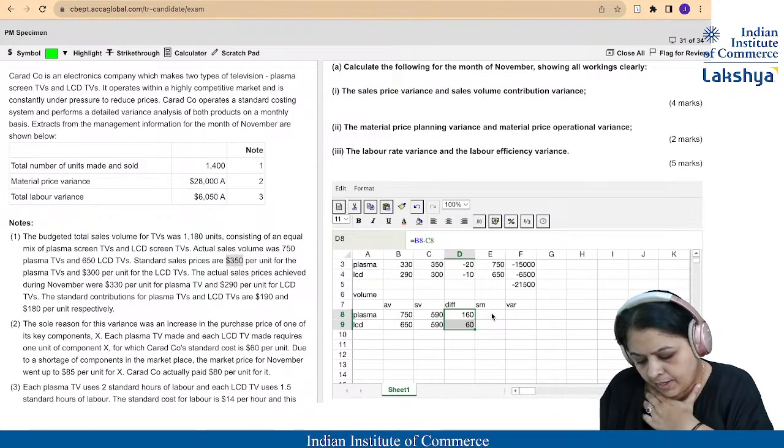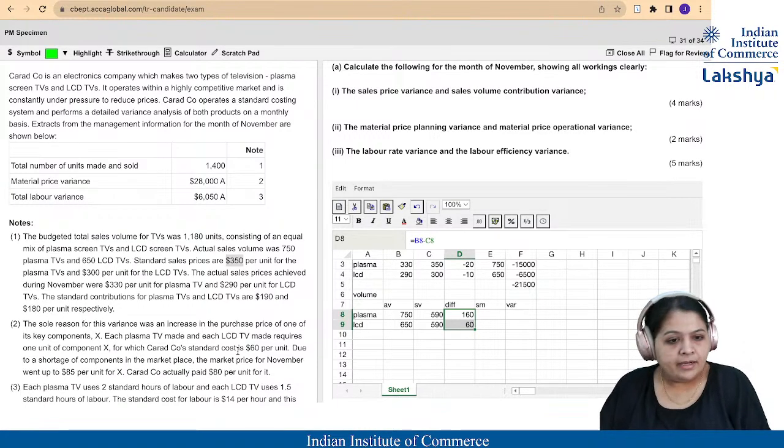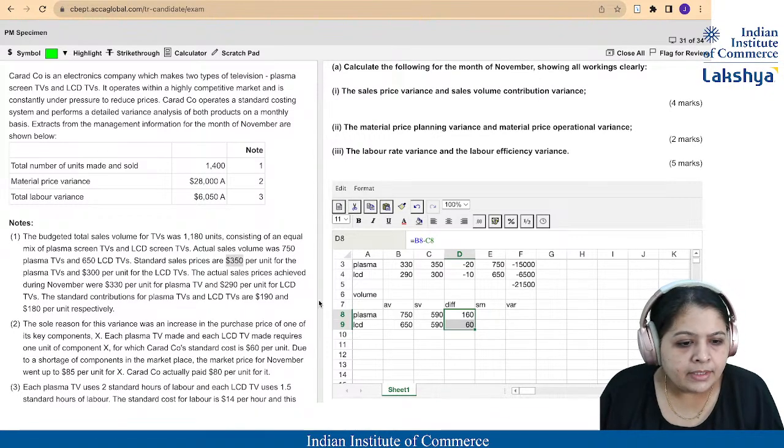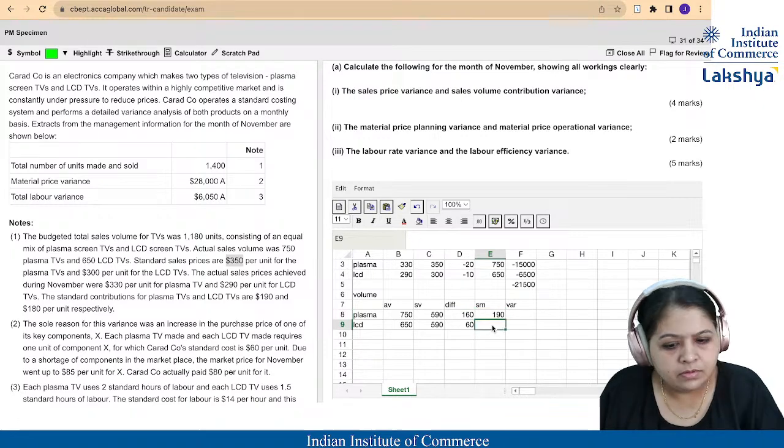The standard contribution is given, so 190 and 180. I'm just going to use those values. Then I find the variance, which is 160 multiplied by 190, and drag this down.